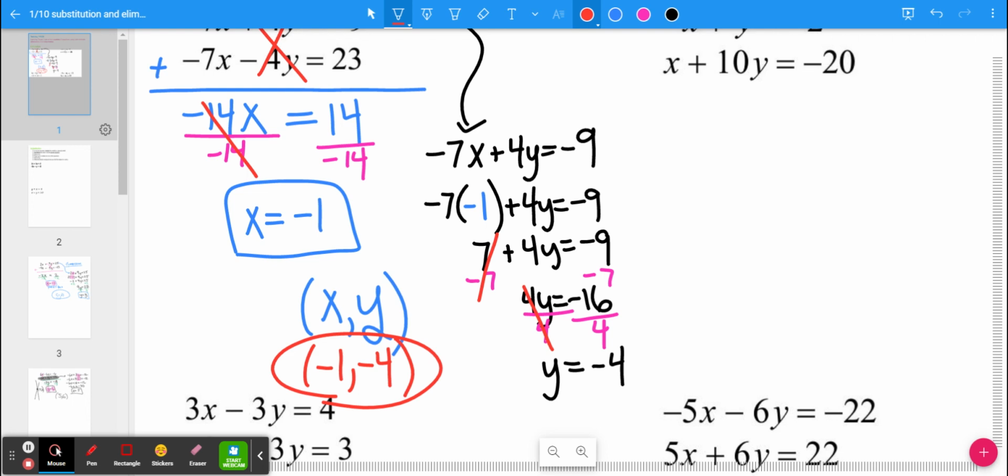And what that actually means is that if I were to have a graph and I had two lines drawn, they would meet at this point, (-1, -4), which would be somewhere around here. So at this point, you're going to have two lines that intersect.